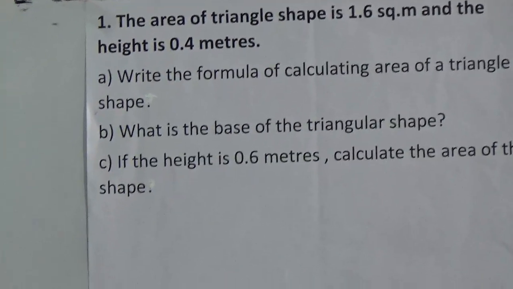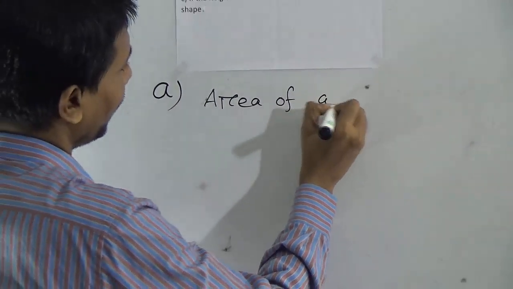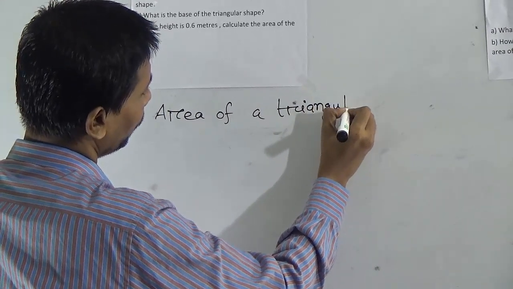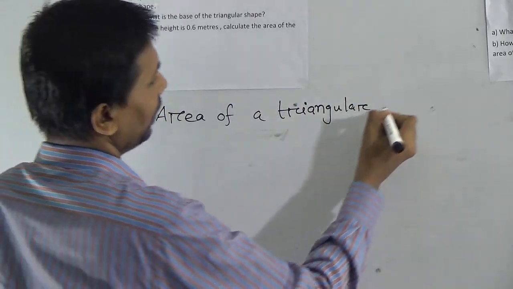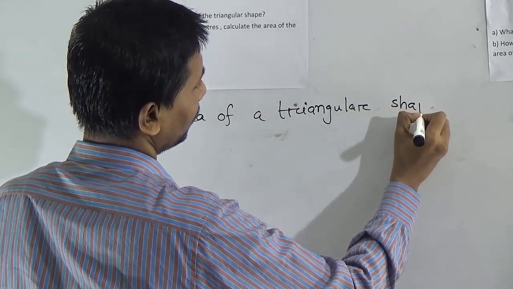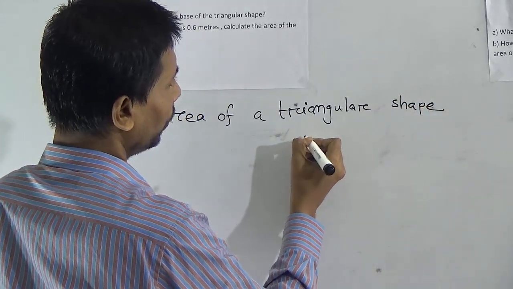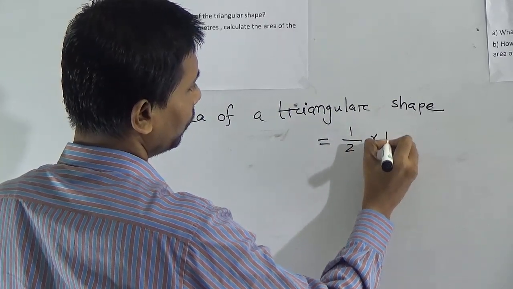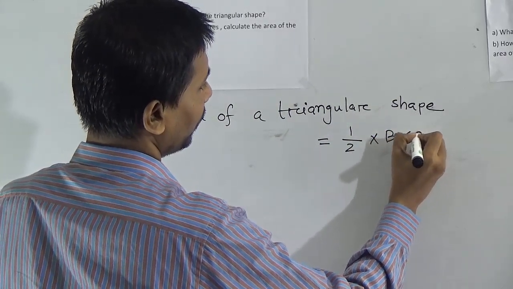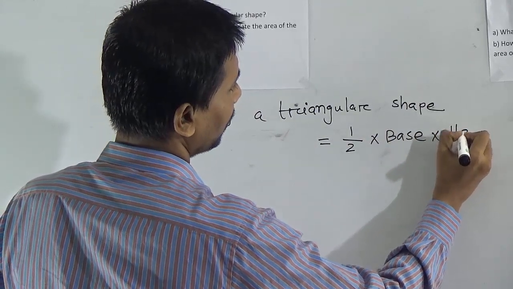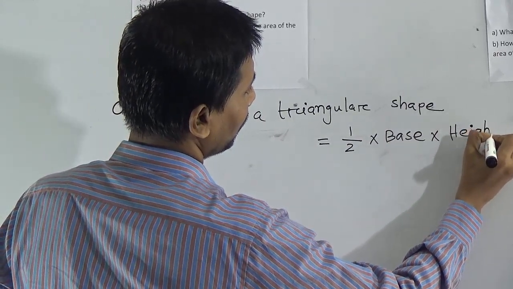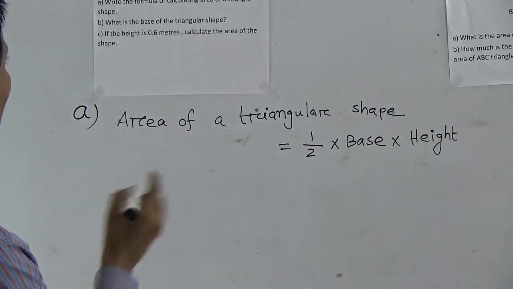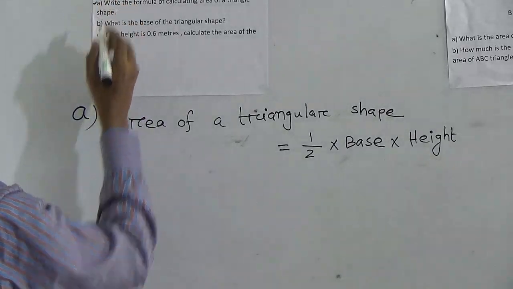Area of a triangular shape equal to 1 by 2, that means half into base into height. Okay, this is the formula of a triangular shape. A number finish.